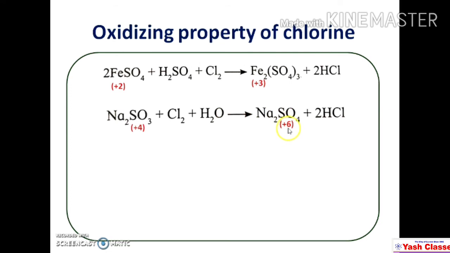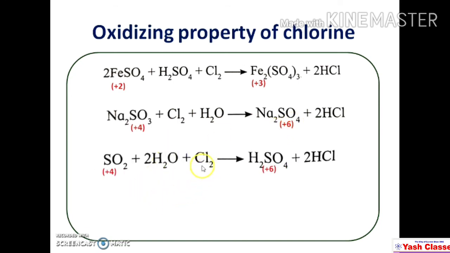The oxidation state of sulfur here is +6. There is an increase in oxidation number, hence there is an oxidation of sulfur, and in this reaction chlorine acts as an oxidizing agent. So when an aqueous solution of sodium sulfite is mixed with chlorine, there is a formation of sodium sulfate.